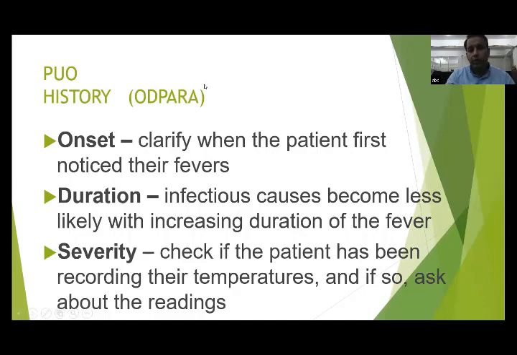Progression: is the fever a step-ladder pattern, or does the patient start with a spike of fever that then gradually comes down? So progression of the fever is very important.